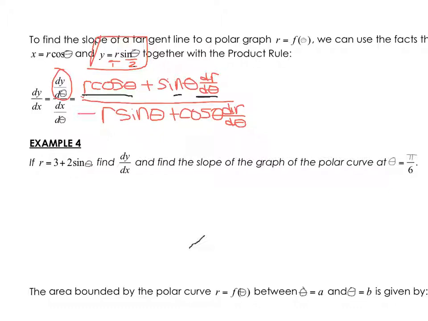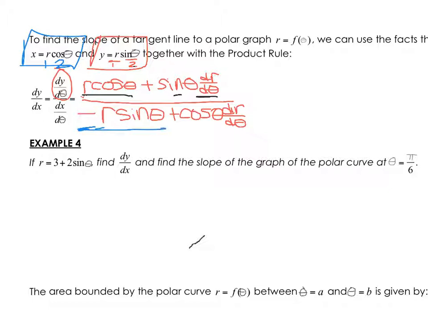Then I go on to my denominator, which is going to use this piece. Very similarly, we call r term 1, and we call cos theta term 2. So you do your product rule. The first is r, times derivative of the second. The derivative of cos is negative sine, so that's where this negative came in.